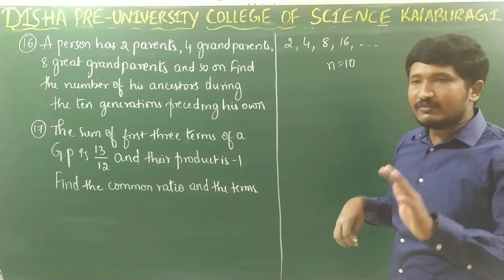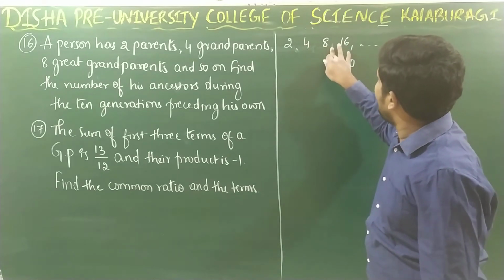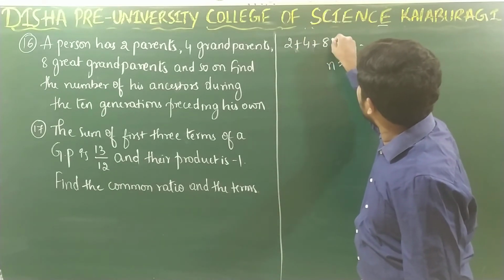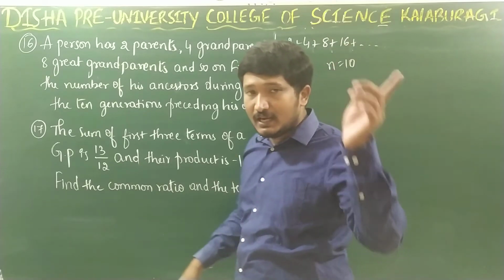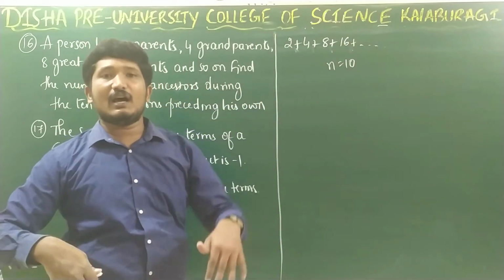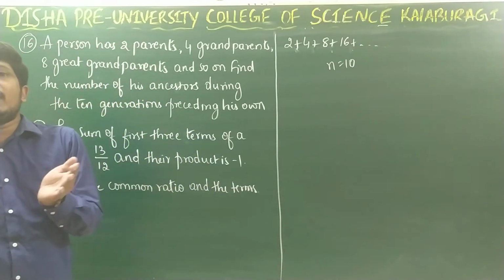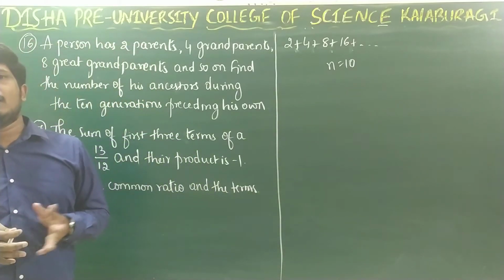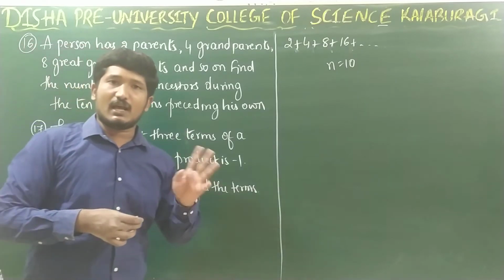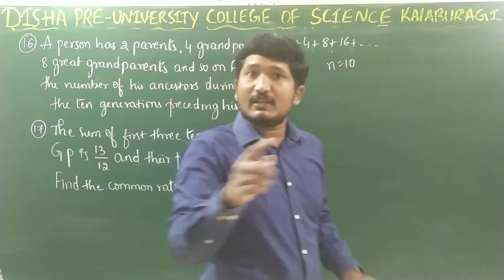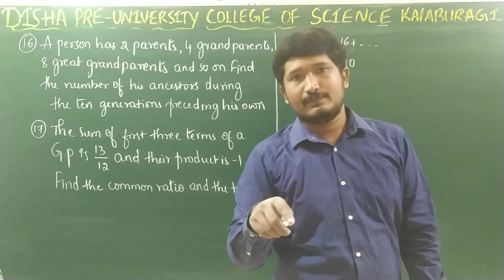So what we have to do here is add all the ancestors, and for a total of 10 generations, calculate how many ancestors I had. For the first generation I had 2, for the second generation I had 4, so the total number of ancestors here is 6.